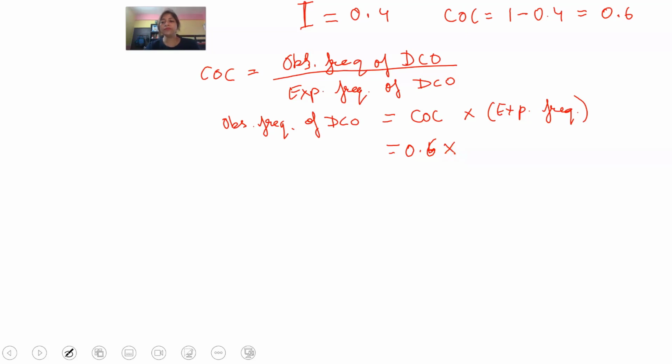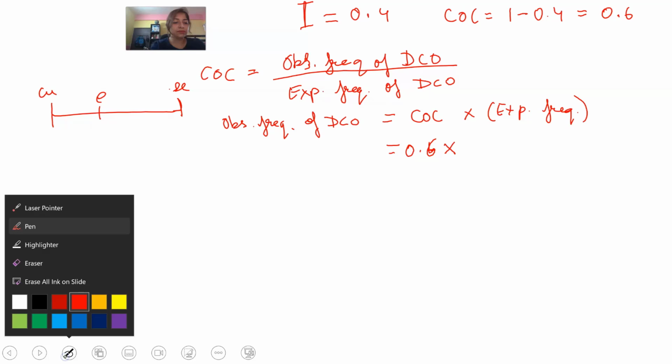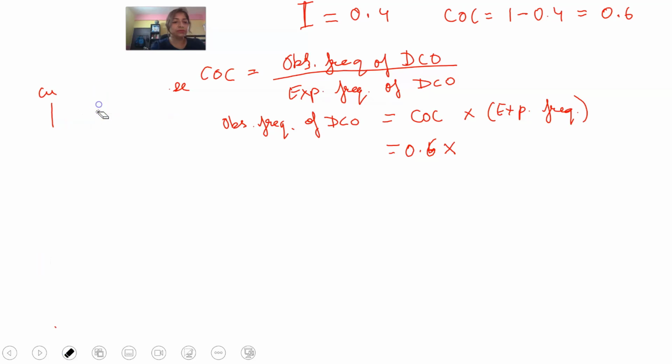Now what will be the expected frequency? For finding out the expected frequency, it is important that we draw the map here. So CUESE, right? Now the distance between CU, we will make it more accurate here.